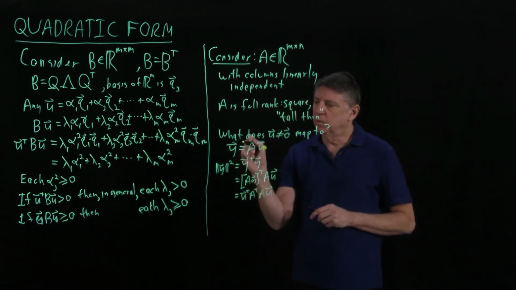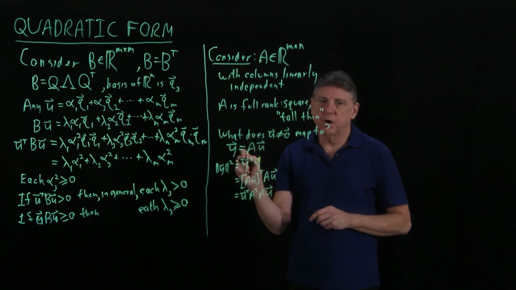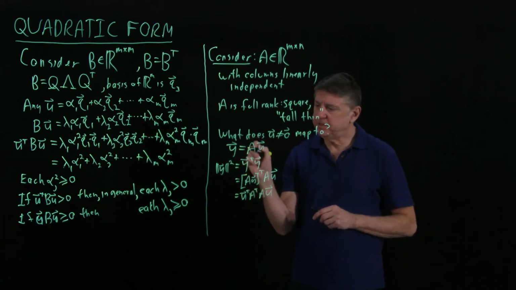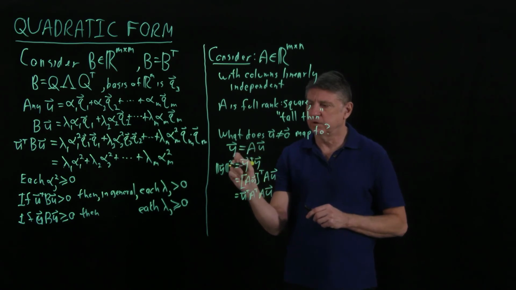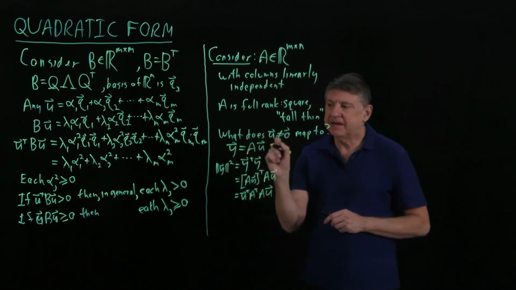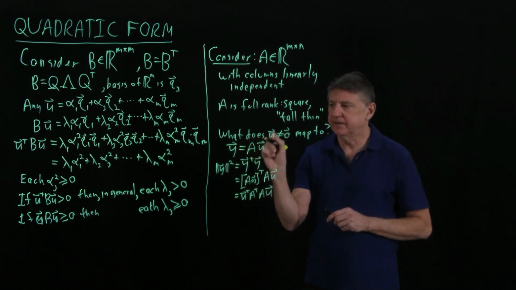Now, the norm of y has to be greater than 0 because A is full rank.